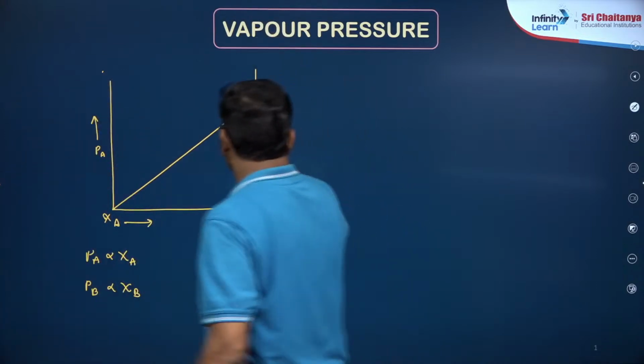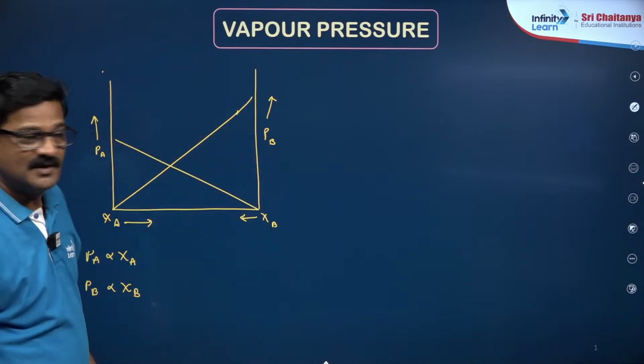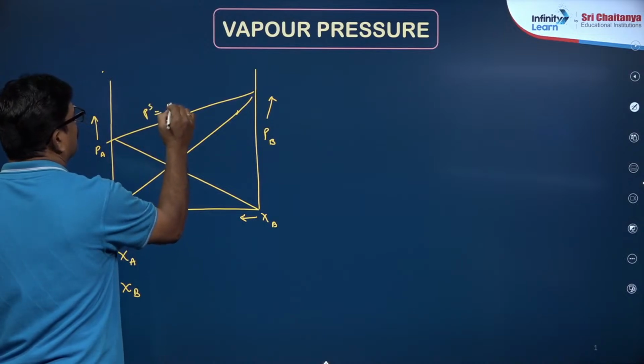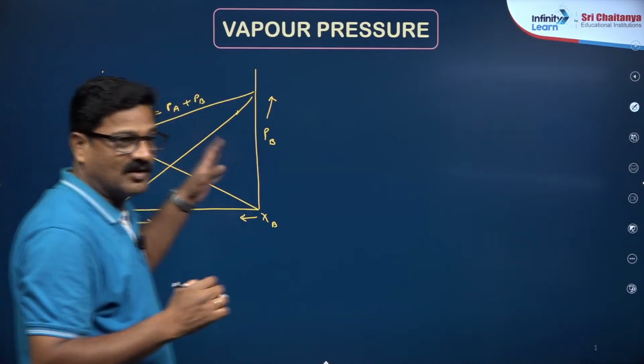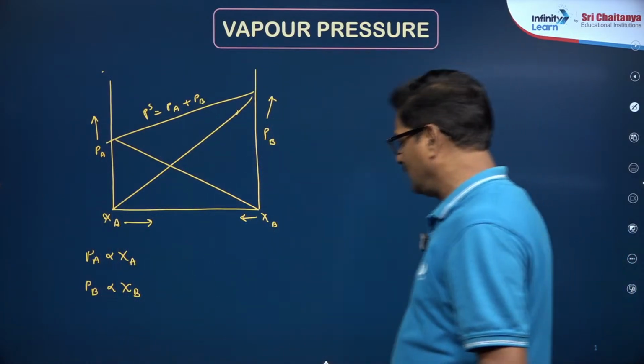Got it? When these two are connected, Ps is equal to PA plus PB. This is a graph for an ideal solution.